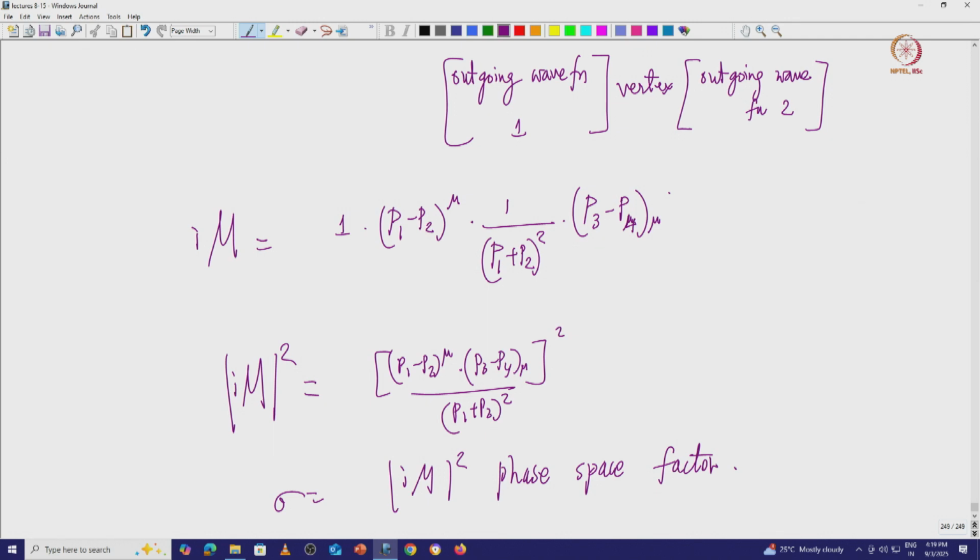It does not give you any, what do you call, things like Zitterbewegung or the Klein paradox or something. It gives you correct answers, verified by experiments.